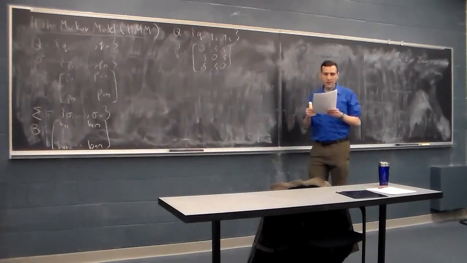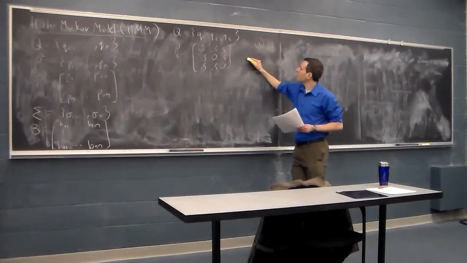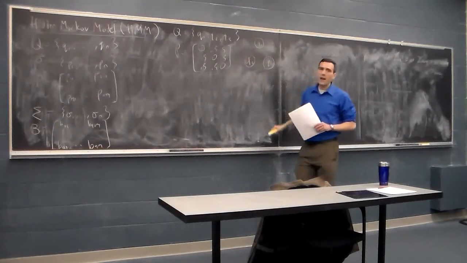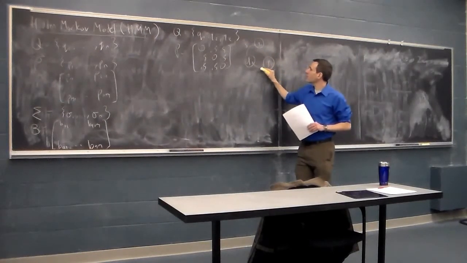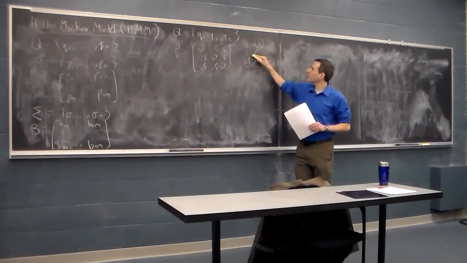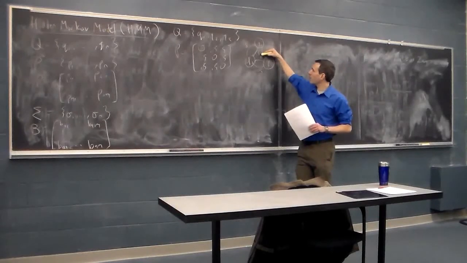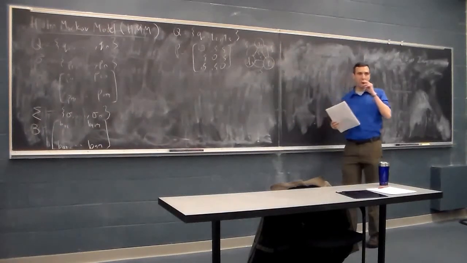This tells us that our model has three states, Q1, Q2, and Q3, and from any state we've got probability 0.5 of transitioning to either of the other states, with the implication that the self-transition probabilities are all 0 in this model. So that would be a basic Markov model.